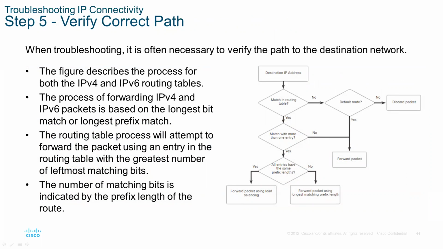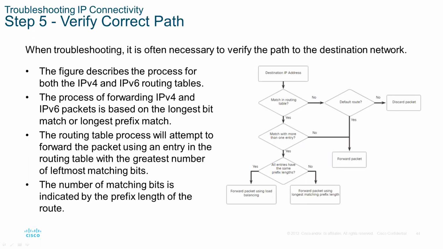So verifying the path, you need to check whether the destination address is in the routing table. If it is, is it pointing in the direction that it needs to travel in? If it's not, do you have a default route? If it is, follow it to its default location, the next hop.